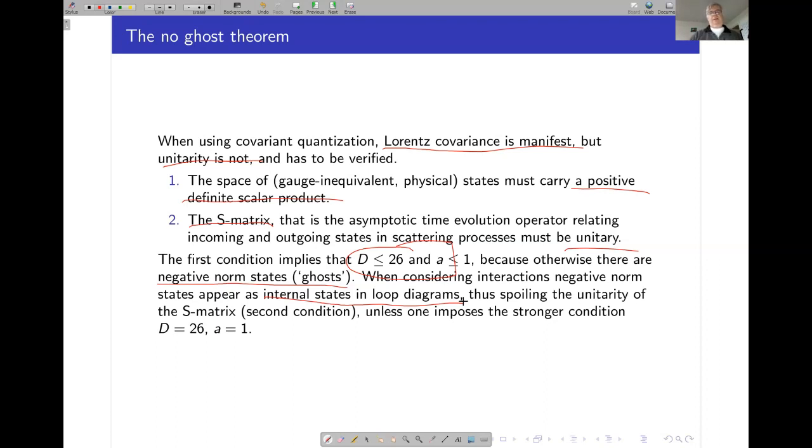And if a state appears as an internal state in a loop diagram, then it should also exist as an external state. This again spoils the unitarity of the S matrix. So one ends up with d equals 26, a equals 1. You see in the covariant framework, this is a rather hard result to get. But I will indicate in the rest of this session how one can fully derive the same result in a non-covariant quantization scheme.